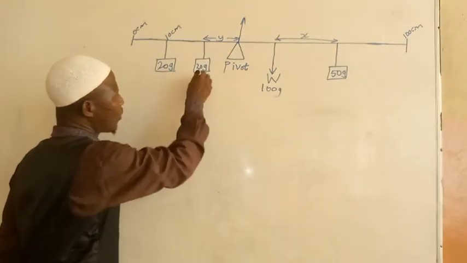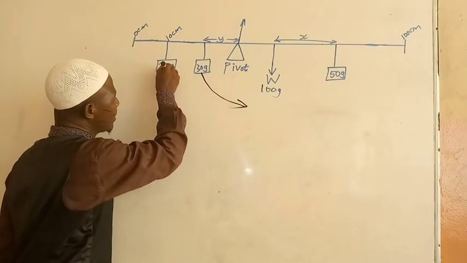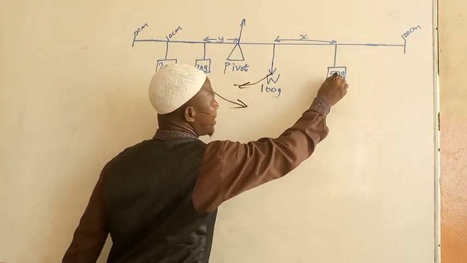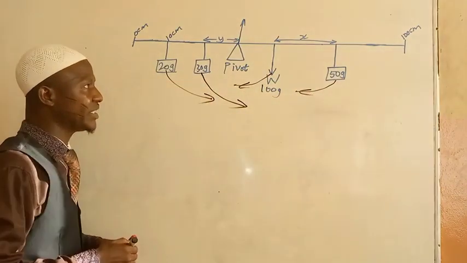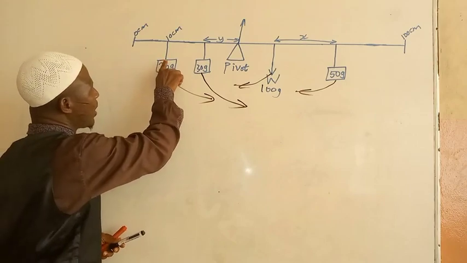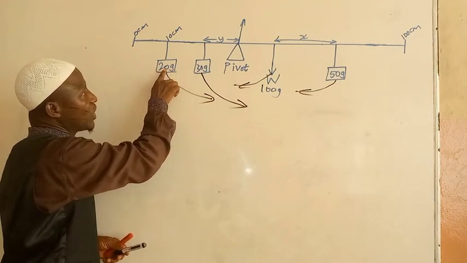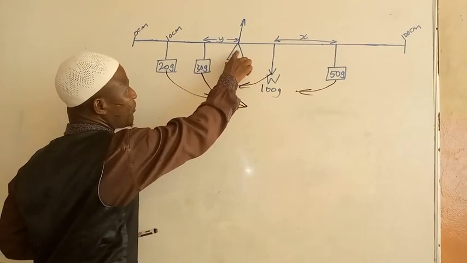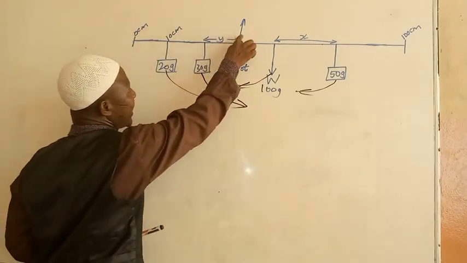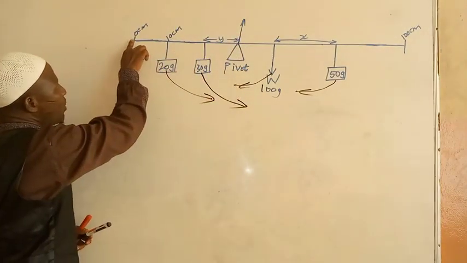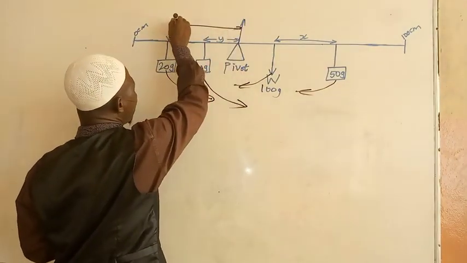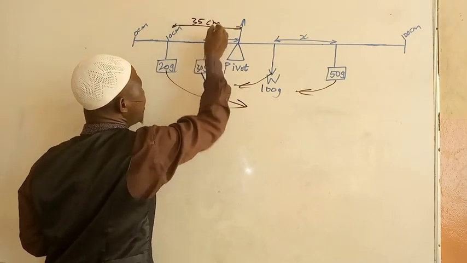Then the perpendicular distance of this 20 grams from here to here: since the meter rule balances at 45, from here to here is 45, and from here to here is 10, so automatically from here to here will be 35 centimeters.